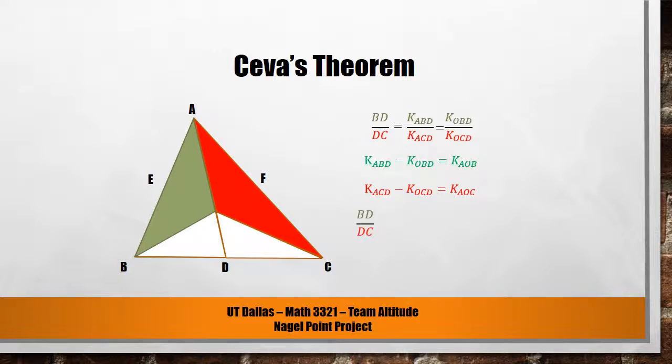As we show on the diagram, BD divided by DC then becomes the area of ABD minus the area of OBD divided by the area of ACD minus the area of OCD, which equals the area of AOB divided by the area of AOC.